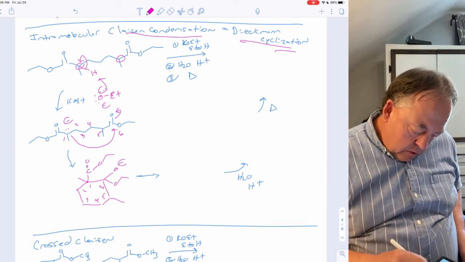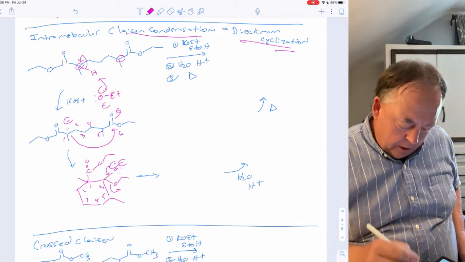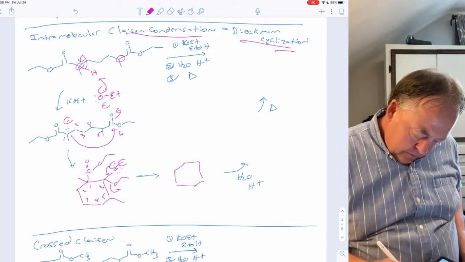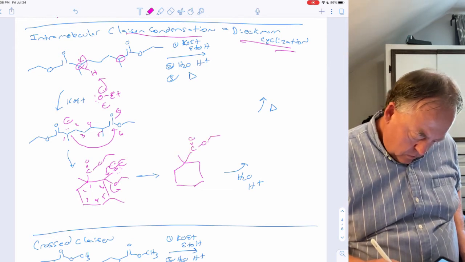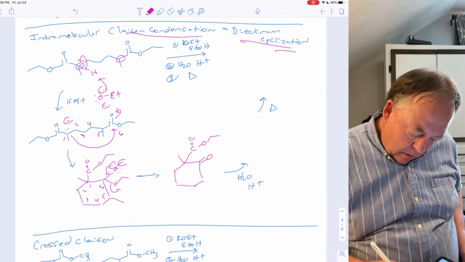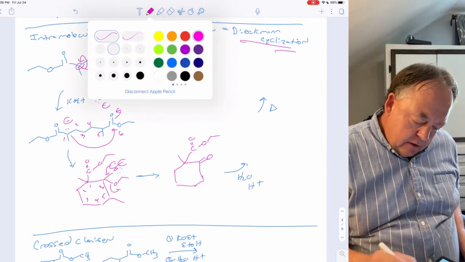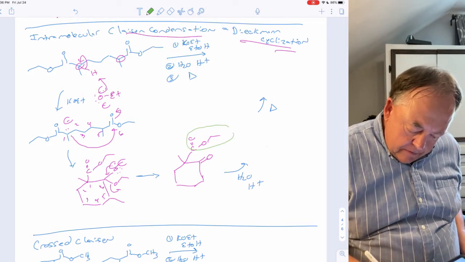Okay, so now what we do is we remake the double bond and kick off the OEt group, right? So now 6 has a C double bond O on it. And then if we do the H2O, H plus, that's going to hydrolyze the ester and convert that to a carboxylic acid.